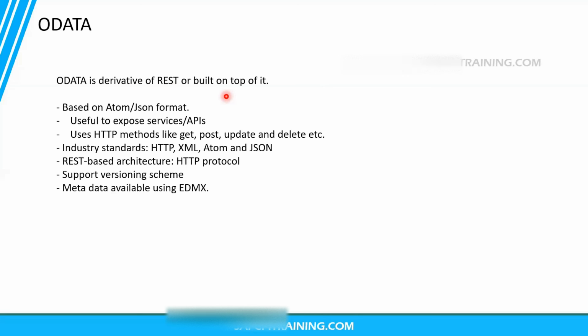And whether it is JSON, XML, or raw data, without any format, some text data, anything it can handle for REST. Okay, but OData will be based on Atom or JSON format. Okay, we'll come to that. Atom is based on XML, and JSON is JSON. JSON we have a format, right? We are going to discuss that.